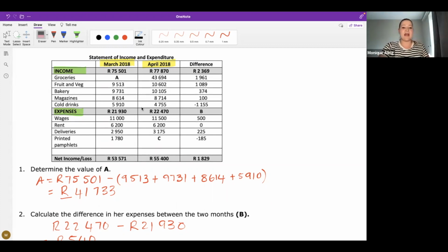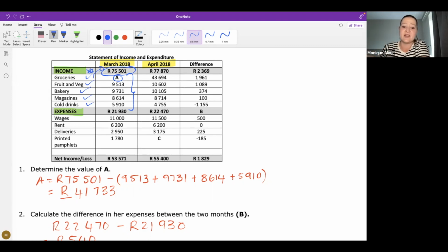Oh, okay. So for A was very similar to what we did with C now. Okay, so if you see where A is over here, again, we have a total for that column, the total for all the incomes. Okay, and all the incomes are in this block. So we know that everything here, our fruit and veg, our bakery, magazines, cold drinks, and groceries need to total 75,501.